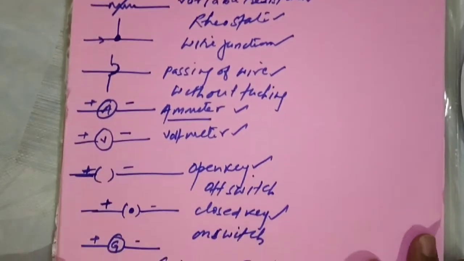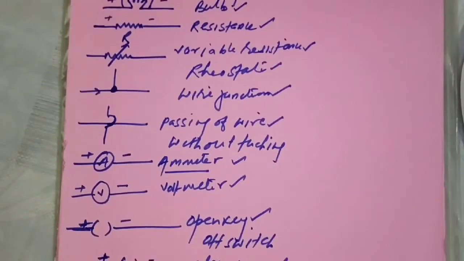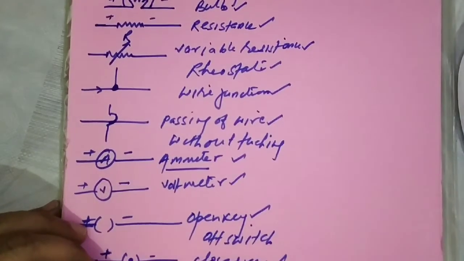So these are the symbols we use. Now after that we will talk about electrostatic potential or electric potential.